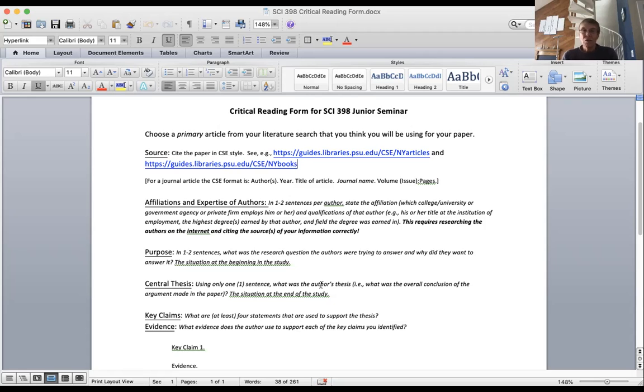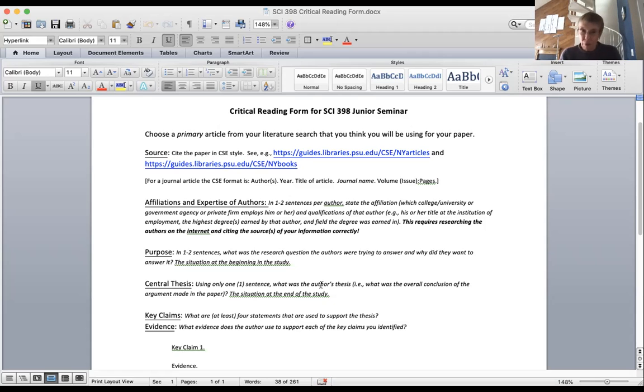Okay, so once you're fairly sure that you're working with a paper that you think the authors, the source of the information, are credible, then you need to really read and deeply understand the paper, and you need to pick out certain aspects of it.